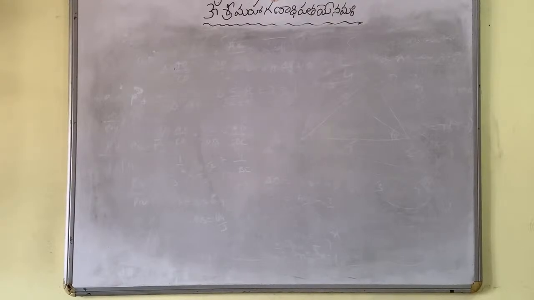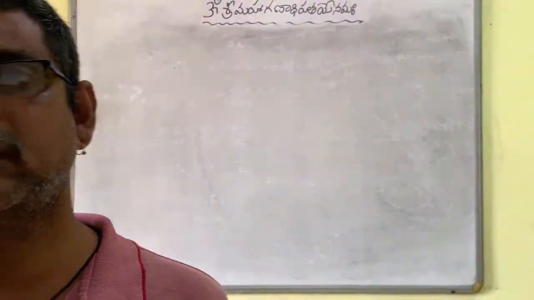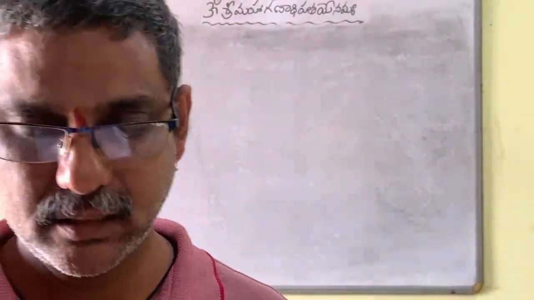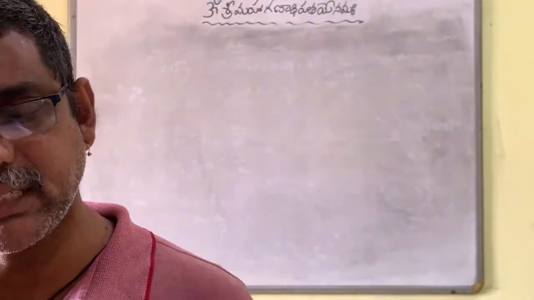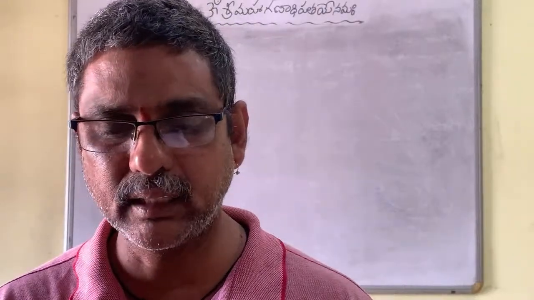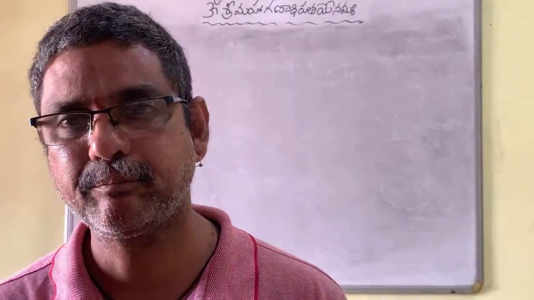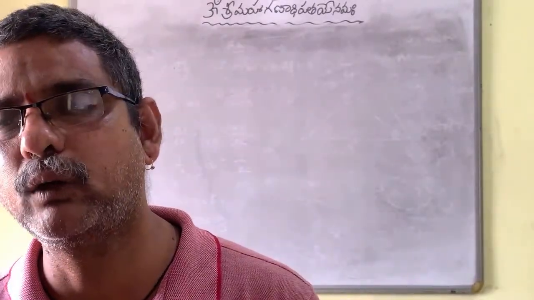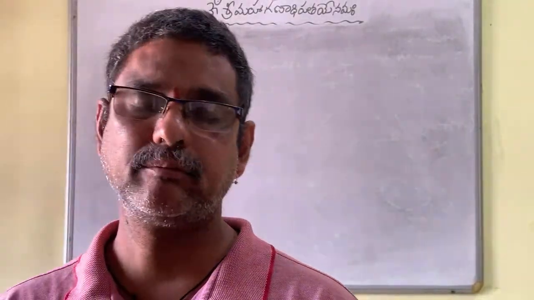Total number of possible outcomes will be 36. And how many are there in favor of our event? Actually, what is our event? The difference between the two numbers on the top face is 3.